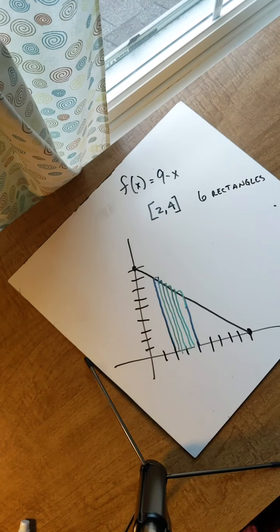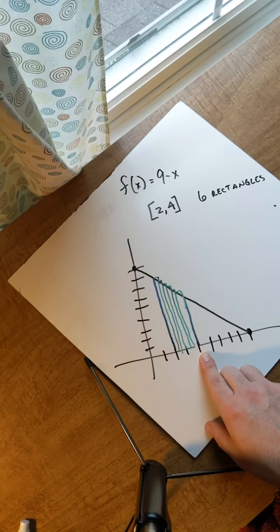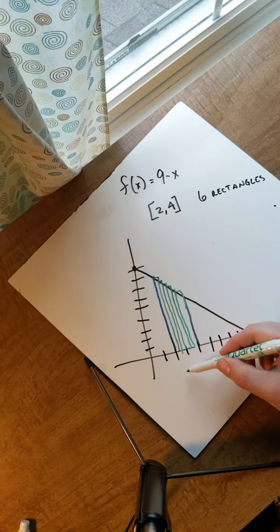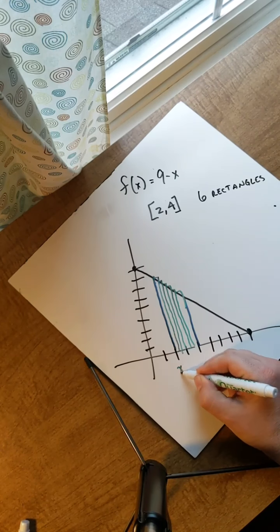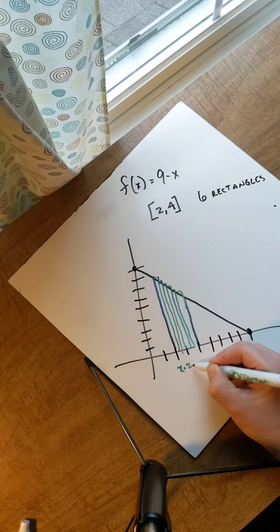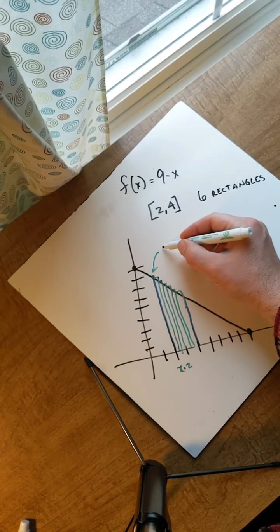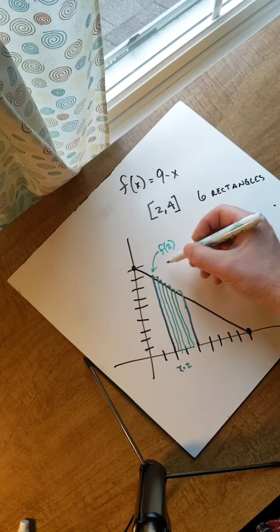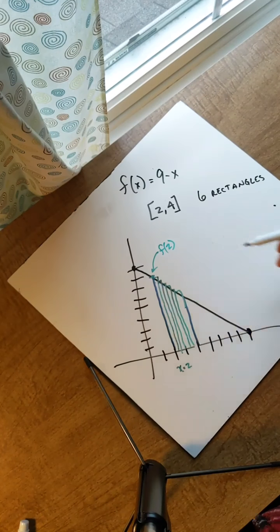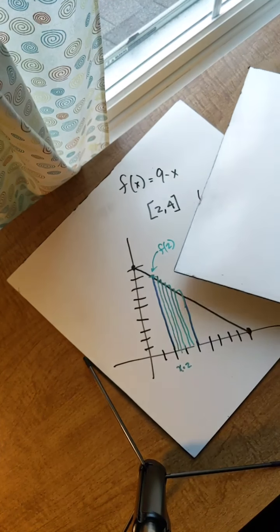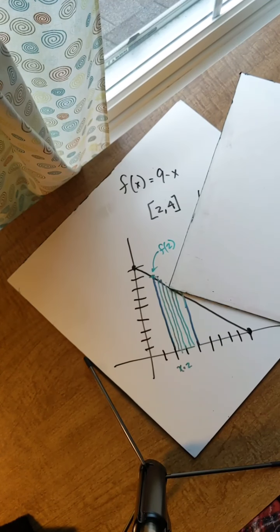So what we have to think here is we have 6 different rectangles, and if we're going from the left edge, this first left edge is when x equals 2, and its height is f of 2, whatever 2 is in the function, and then we'll just keep going over. So I'm going to take out another whiteboard here and say, okay, I have 6 rectangles, and we're doing left edge first.